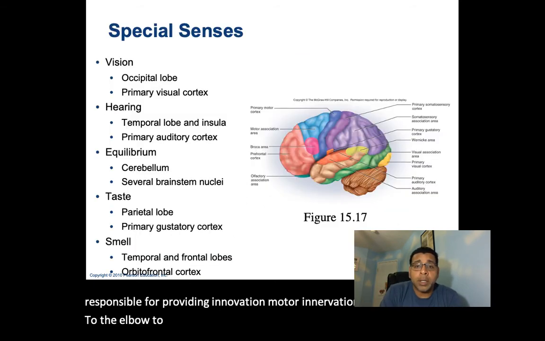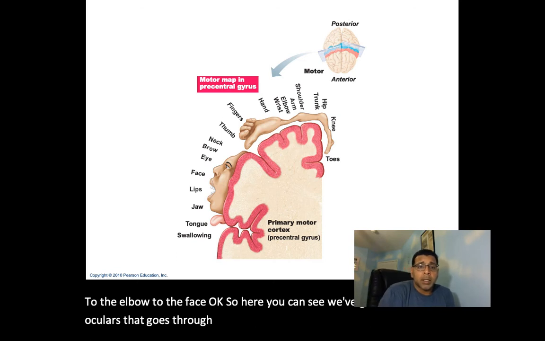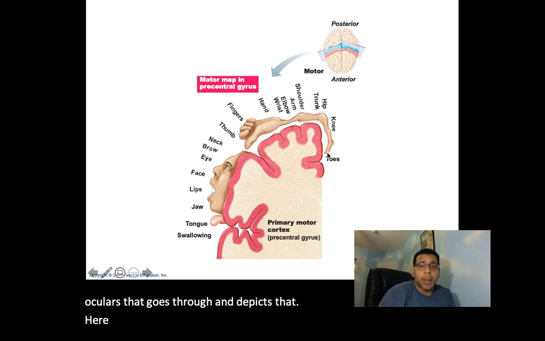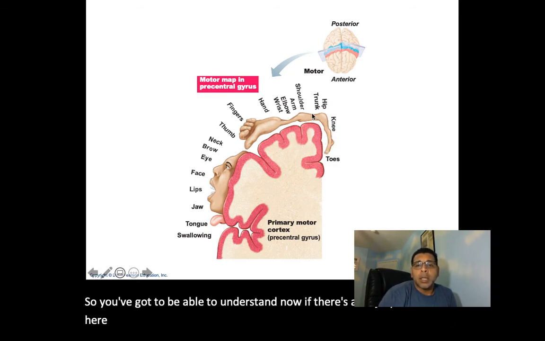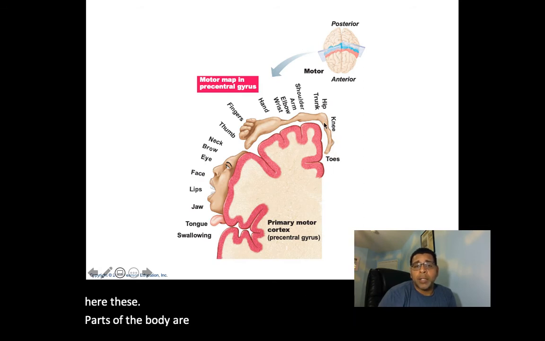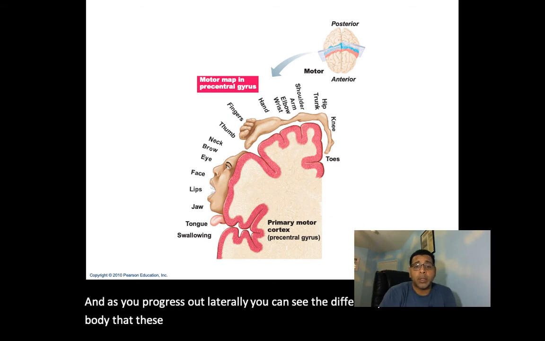Here we have the homunculus that depicts that very well. If there's an injury to this area, these parts of the body are going to have motor innervation affected. As you progress out laterally, you can see the different parts of the body that these different parts of the brain control.